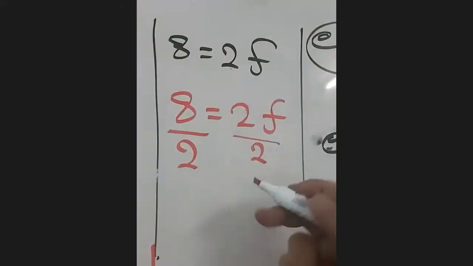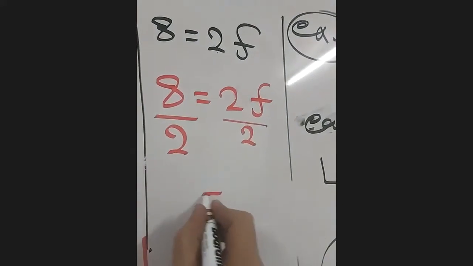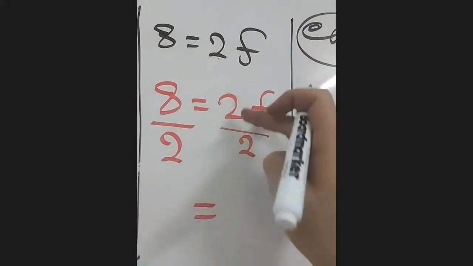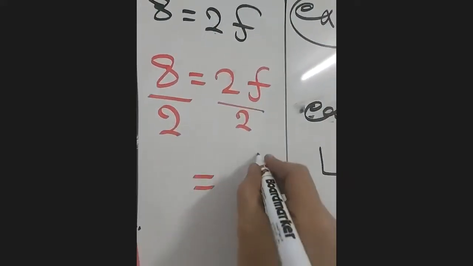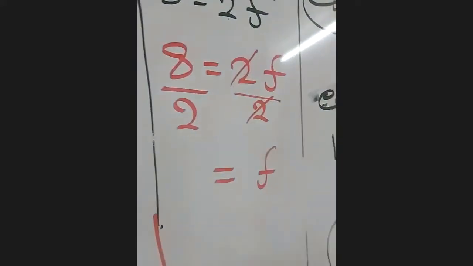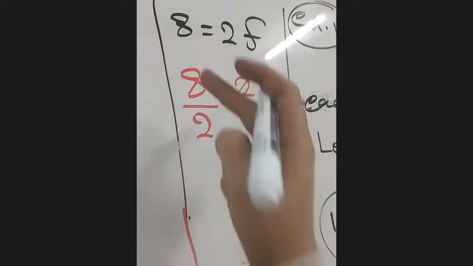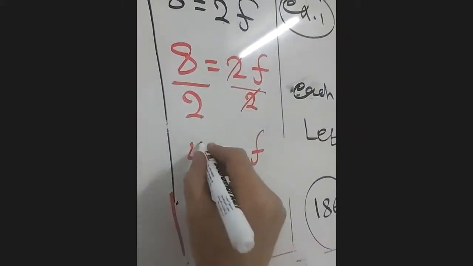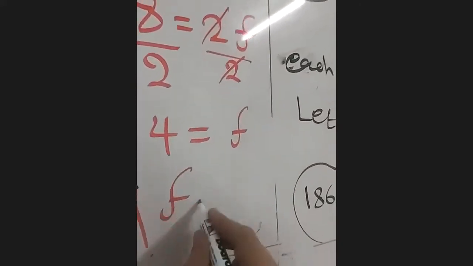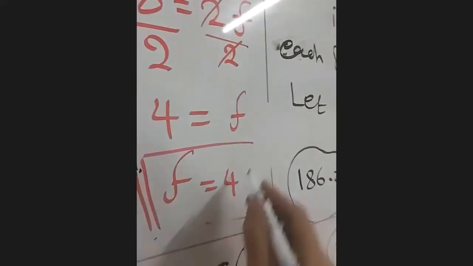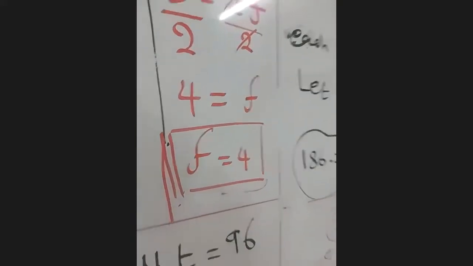Now, let's simplify. The equal comes down here. Now, 2 divided by 2 is 1. 1 multiply f, still f, they are gone. Here, 8 divided by 2 is 4. And we write the solution: f equal 4. It's important.